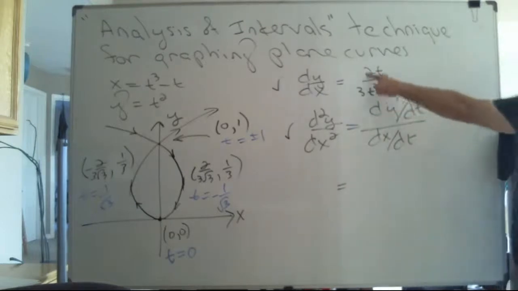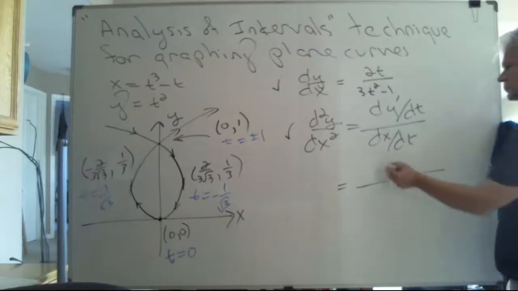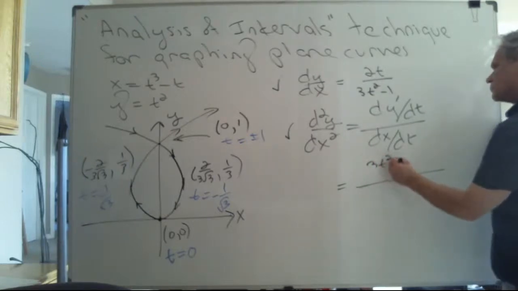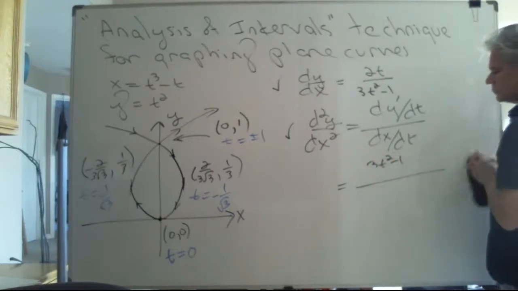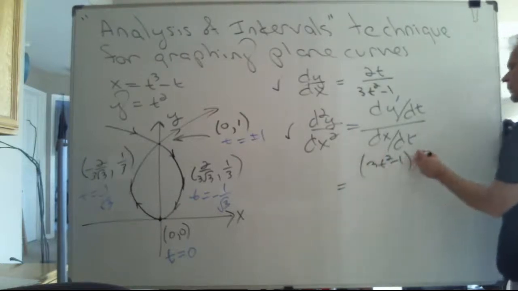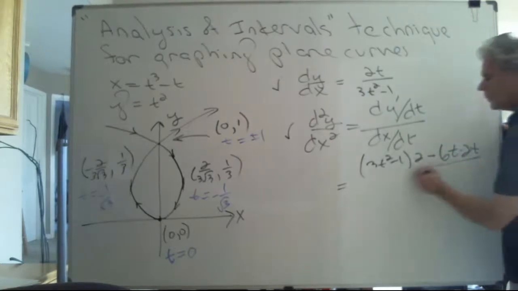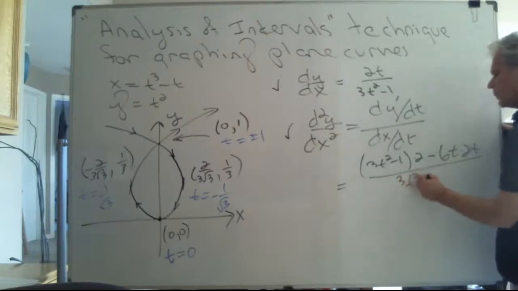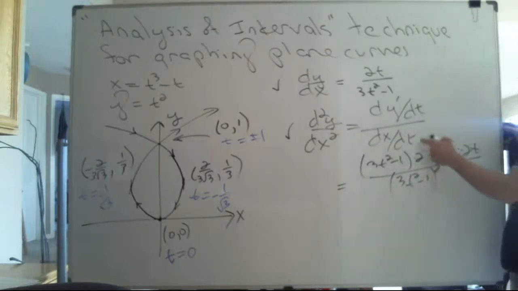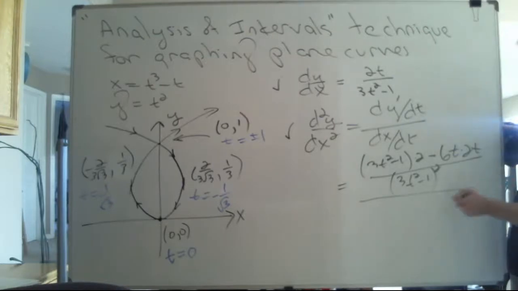Now, here's my y prime. To differentiate it, I'll use the quotient rule. And I'll divide by dx/dt. But dx/dt is this.